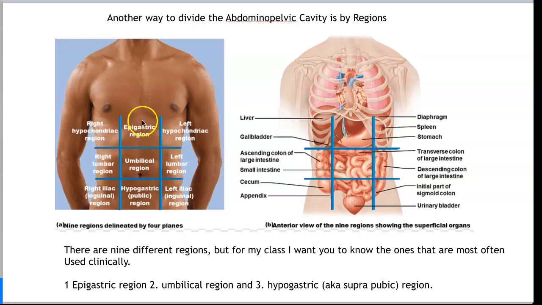It's going to be these 3 middle regions: the epigastric region, the umbilical region, and the hypogastric, aka suprapubic region. We're going to just look at these 3 regions right here.